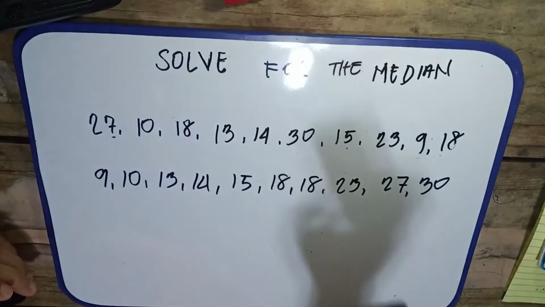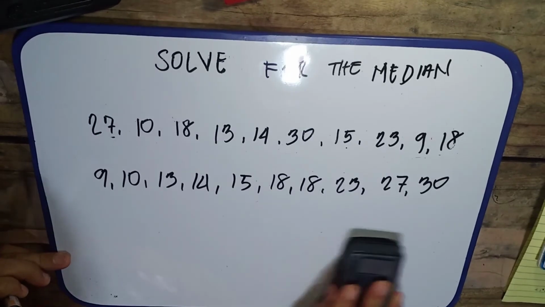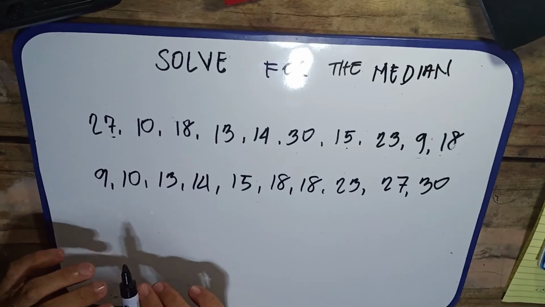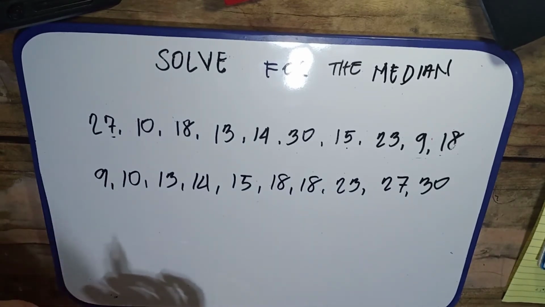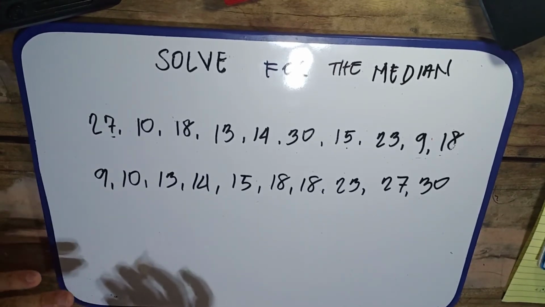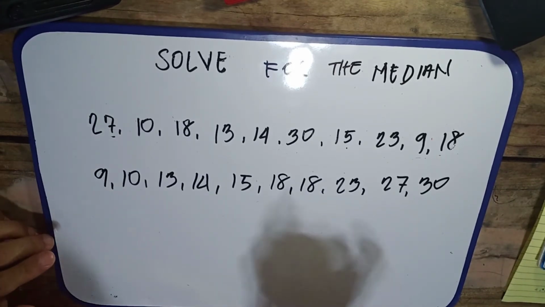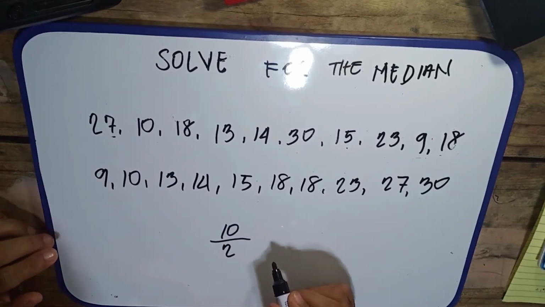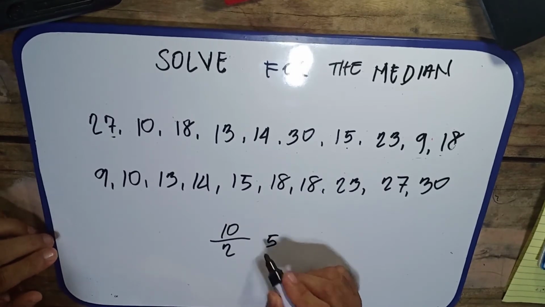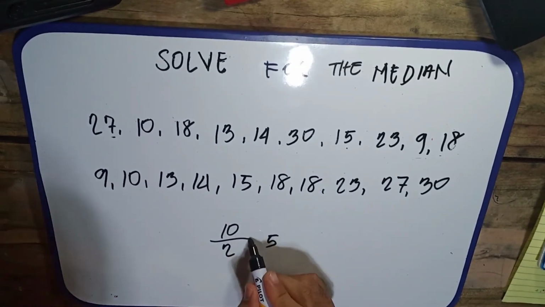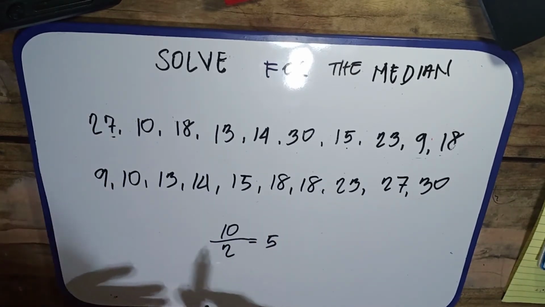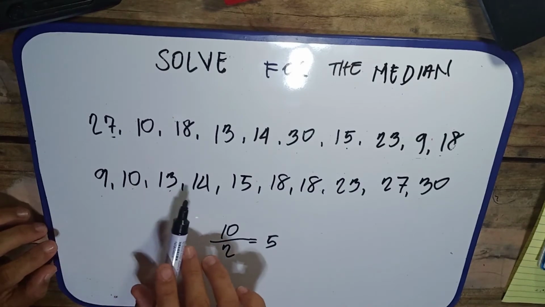Alright. So there are 10 numbers and they are arranged already accordingly. Okay. So in order to solve for the first entry, we need to divide 10 by 2, which equals 5. Alright guys, so we need to look for the fifth: 1, 2, 3, 4, 5.